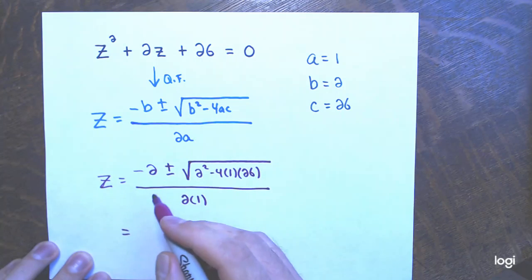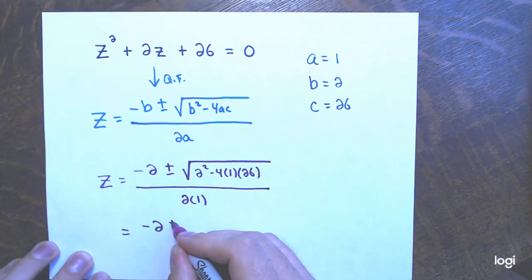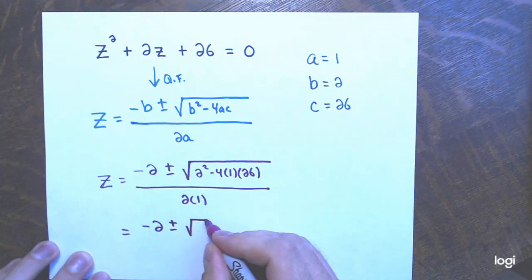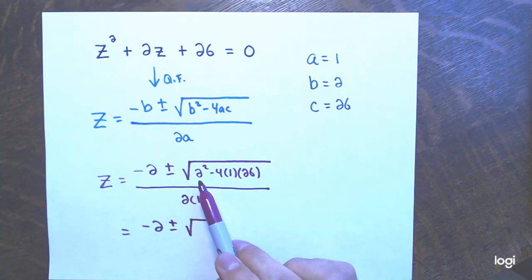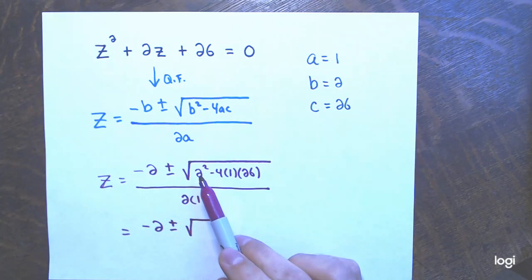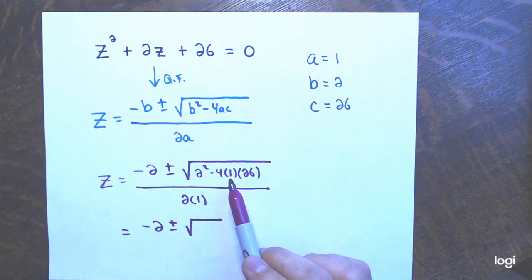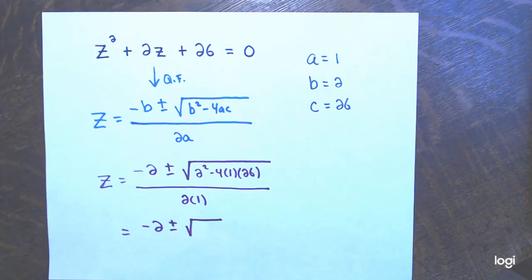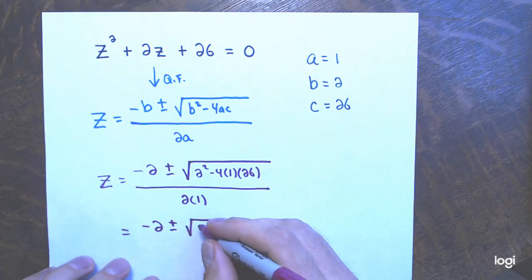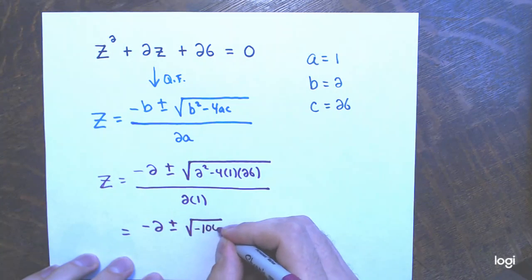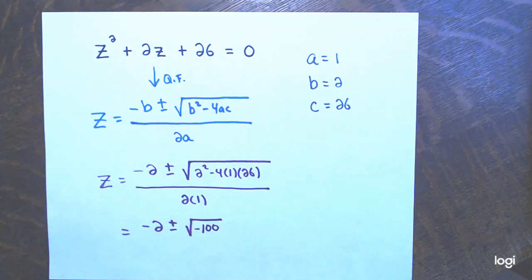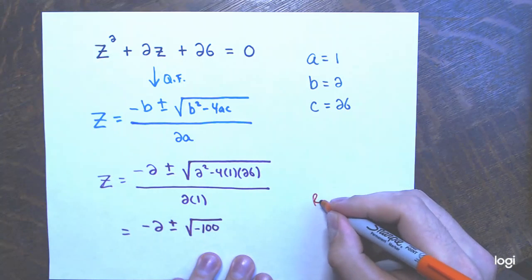First term up here is negative 2 plus or minus the square root. 2 squared is 4, then you have negative 4 times 1 times 26. That'd be negative 104. So that's 4 minus 104. So that's negative 100.